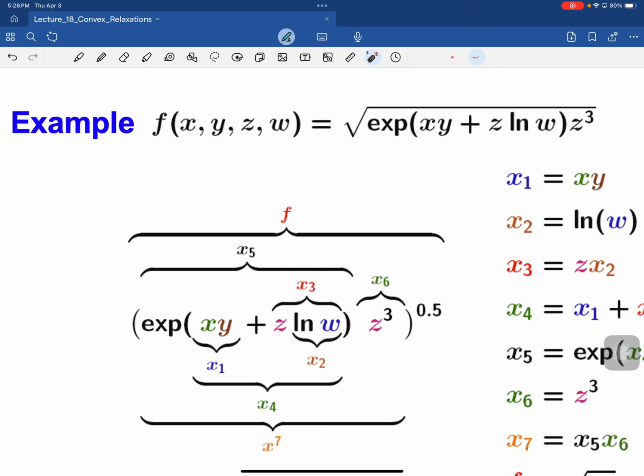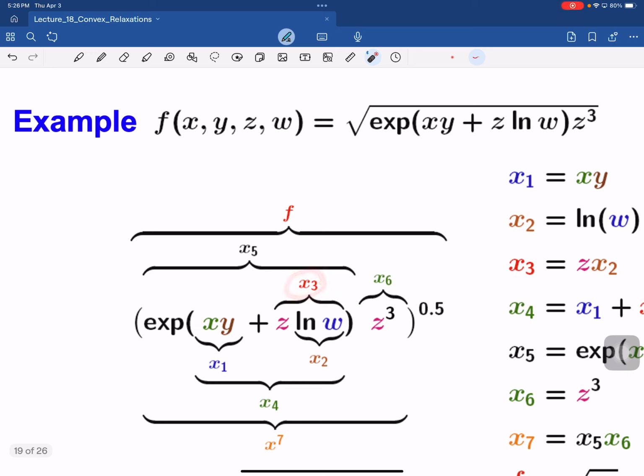Now with that, we define x4 being the summation of x1 and x3. It's a linear function, right? So with this replacement, you have an exponential of x4. We do know how to get convex and concave envelopes for the exponential function because it's a convex function, right?